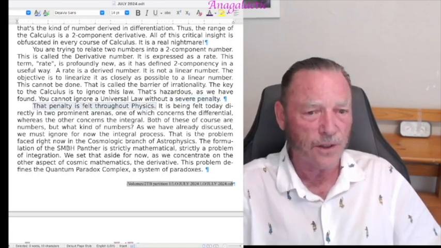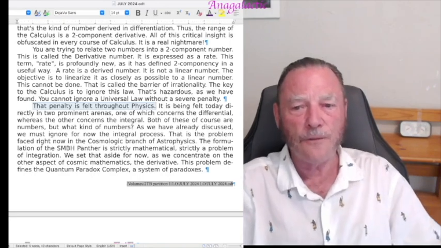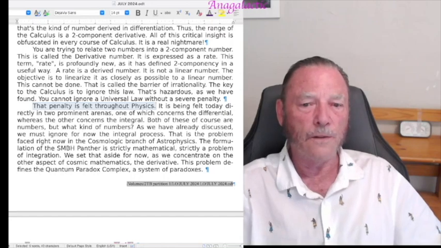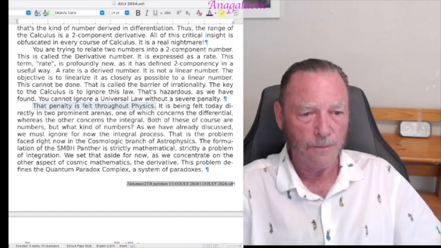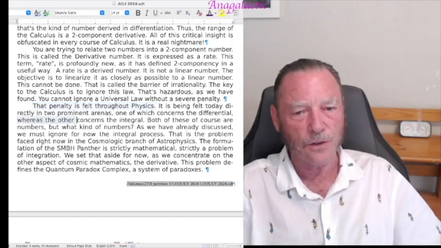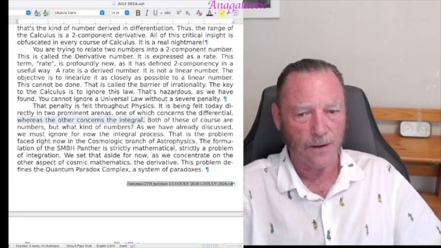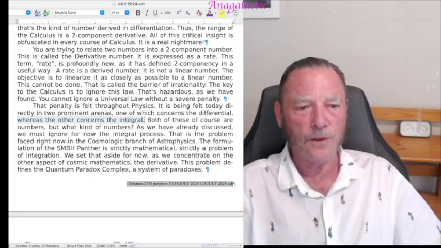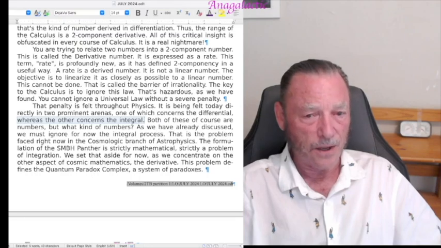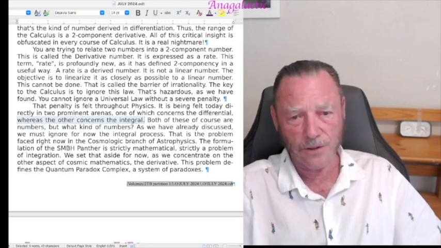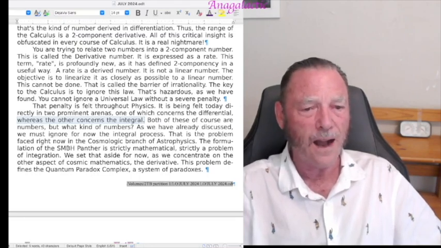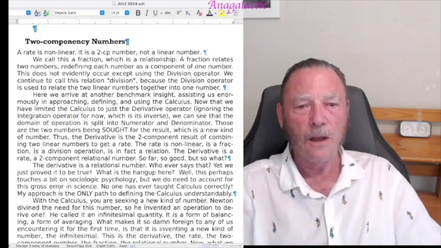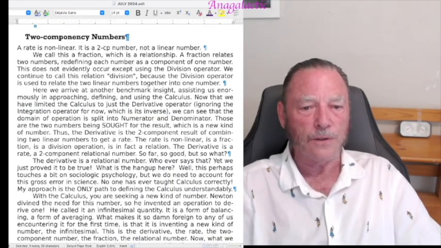It's because of the calculus. It is being felt today directly in two prominent arenas, one of which concerns the differential, whereas the other concerns the integral. We haven't gotten there yet. Both of these, of course, are numbers. That is, the integral is a number, the differential is a number. But what kind of numbers are these? Two-componency numbers.